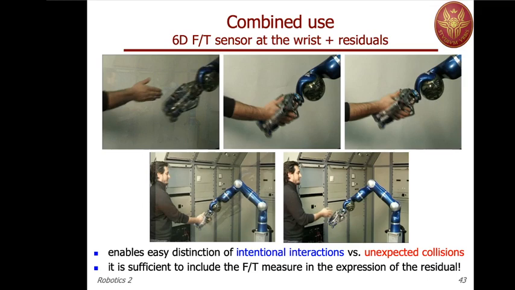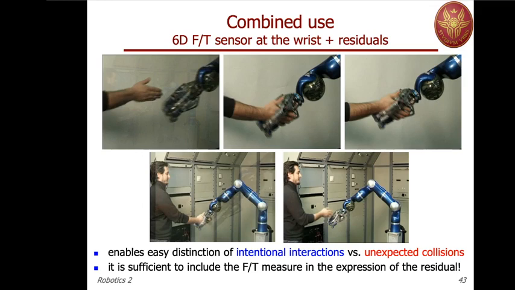Now, if you include in the robot also a joint or force sensor, and if the intentional interaction occurs at the level of the end effector, then the situation is easier. In fact, you can include the measurement from the force sensor in your model, so J transpose times the measured forces, and if you put them inside the residual, then of course whatever force is being measured at that level is treated as the desired one, not a collision.